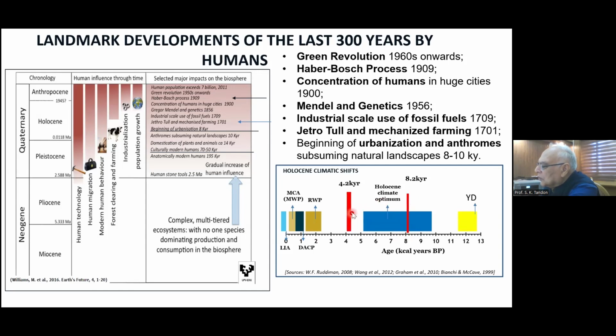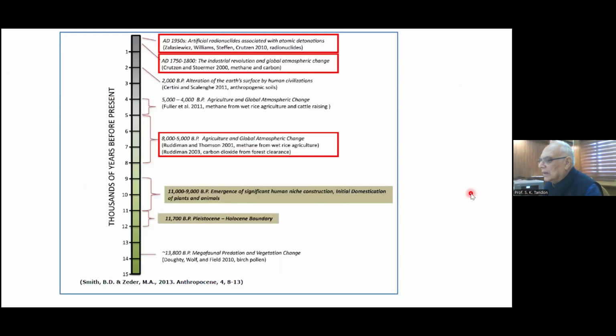There was another event at 4.2. There were also some other centuries-long events over here, in terms of MCA and in terms of the LIA. But this was largely a benign climate in which humans could flourish. And that climate change is also part of the story of the Anthropocene.